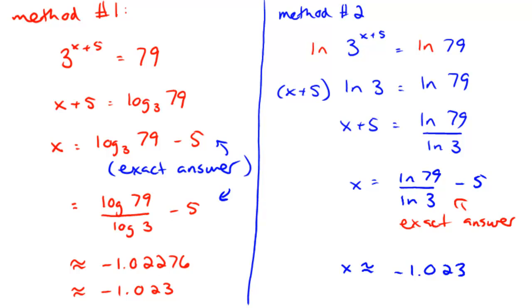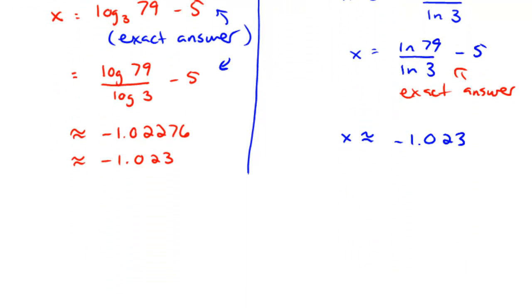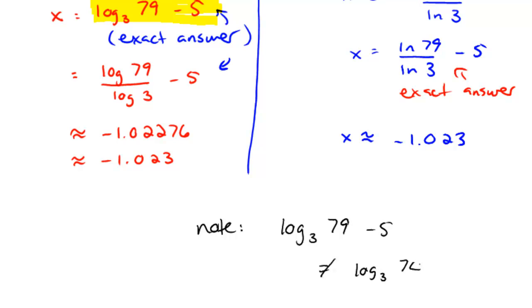And I'd like to give you one further caution, just going to scroll down a little tiny bit, which is looking at this expression right here. One helpful tip to note: you must not be seduced by the dark side of the force here. Log base 3 of 79 minus 5 is not equal to log base 3 of 74.